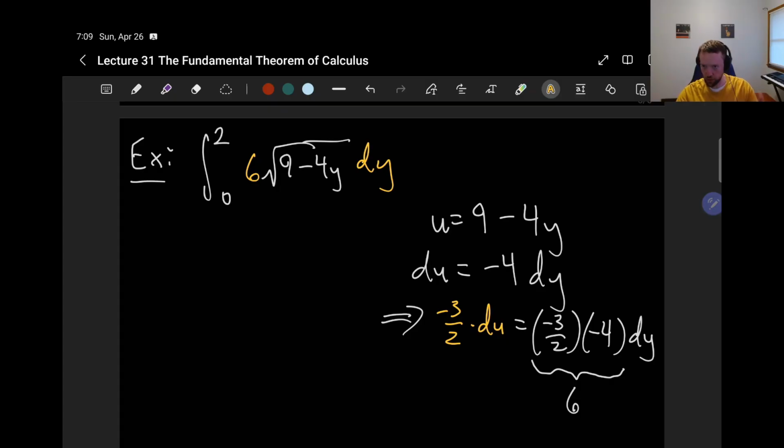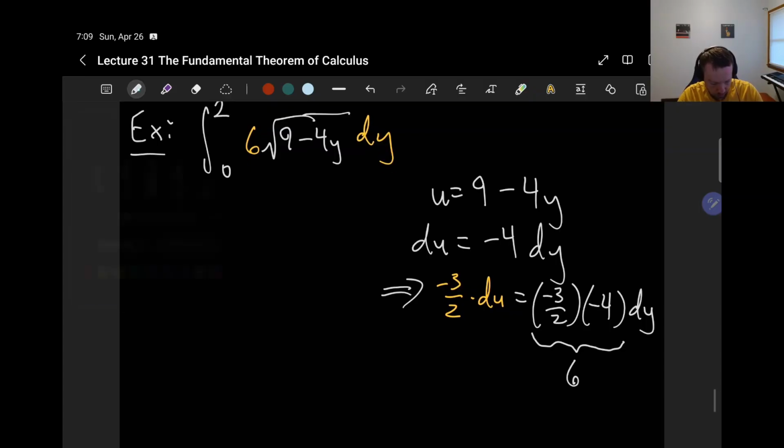Now, how did I know that it was negative 3 halves? Let's use a different color here. That's just a quick little algebra problem. I know that negative 4, that's what I have, I wanted to multiply it by some number, call it x, in order to get 6, because 6 is what we actually have in the true integral.